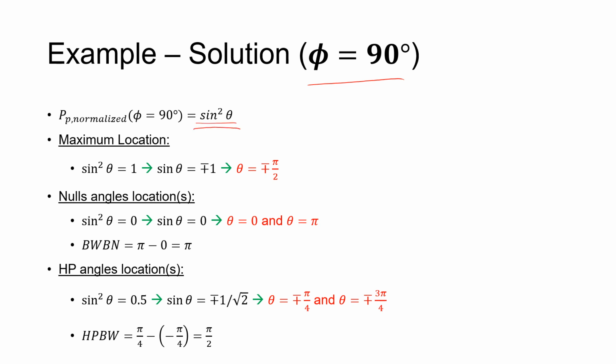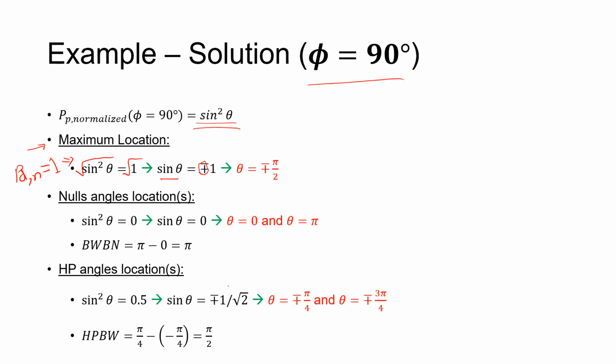Now we find the maximum location, and we know that the maximum is equal to 1 because this is already normalized. Then we equate the normalized power density to 1, so sine squared theta is equal to 1. Then we take the root on both sides, and we get sine theta equal to plus or minus 1.